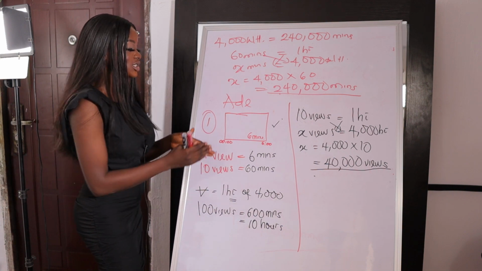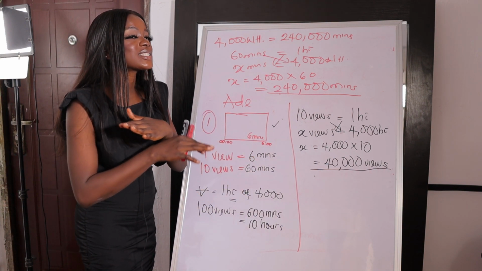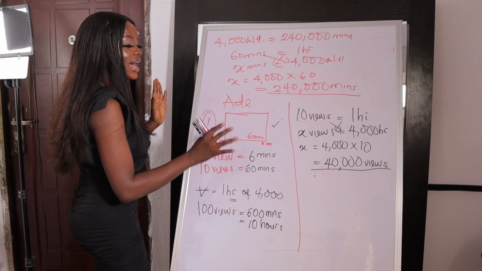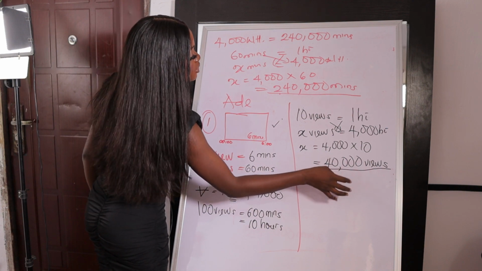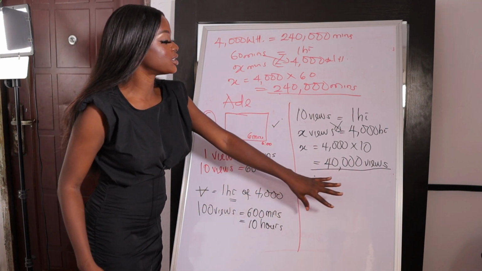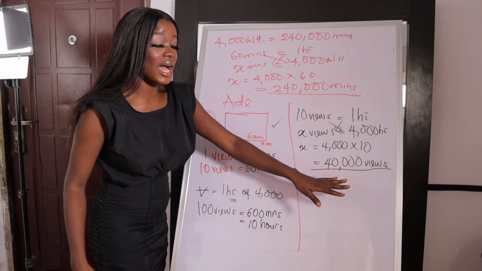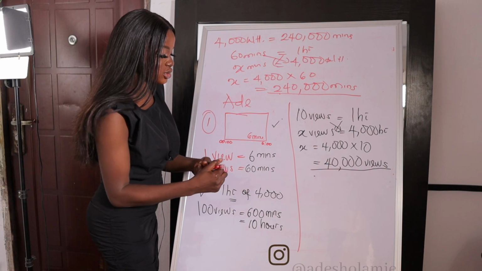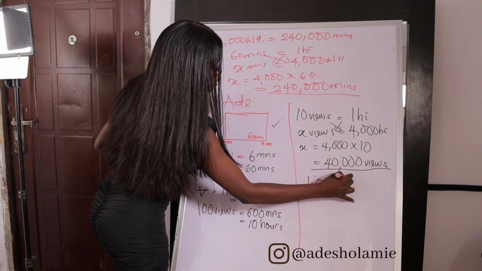Everybody in Shala's family watches this video from 0 to 6 minutes without clicking out, without skipping or anything. Ade needs just 40,000 views in order to achieve this, which is quite good. And I'm very sure that from these 40,000 views, no matter how bad it is, it would be able to generate at least, let's say, 1,000 subscribers.